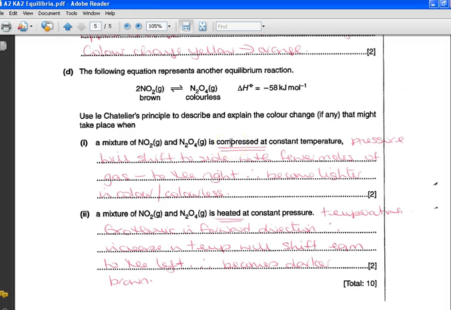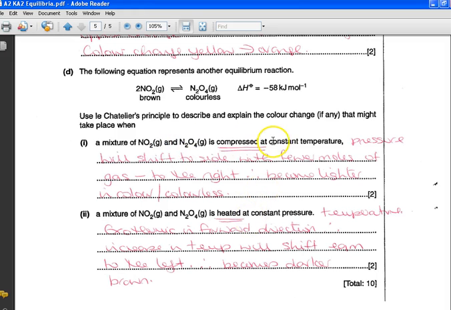I was again surprised at the number of you who misread this question, and to some extent I'm sure they've written the question like this to easily confuse you, because they're saying here that it's the effect of pressure. It's been compressed at constant temperature. A number of you just glanced at that, saw the temperature, and then gave an answer with reference to temperature. So effectively you gave the wrong answer for both parts of this question because you reversed them.